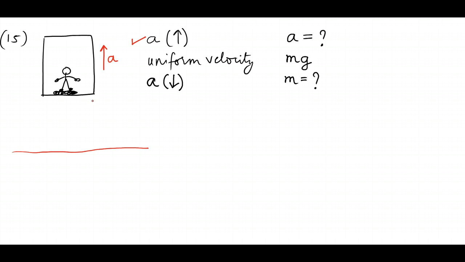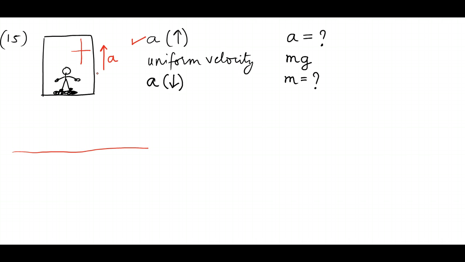The second option is to solve the problem in the elevator frame. So we attach a reference frame to the elevator, we go to that reference frame, and we apply Newton's second law of motion once again to the man.